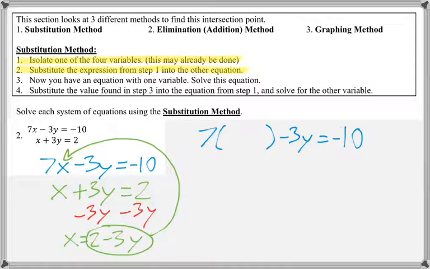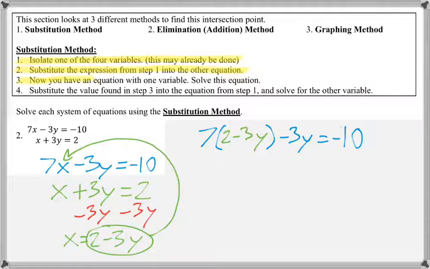So if you look, I really just have the blue equation here, except I have an open parentheses instead of the x. And this is because I'm plugging in that green equation in for x. So 2 minus 3y.